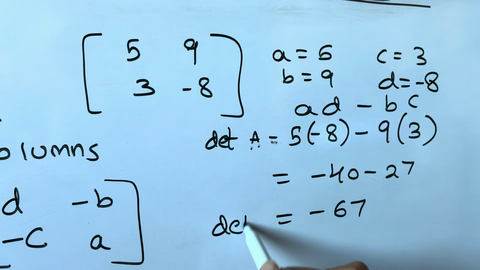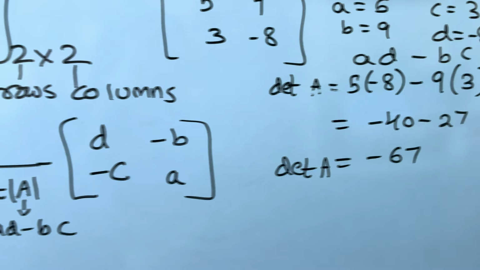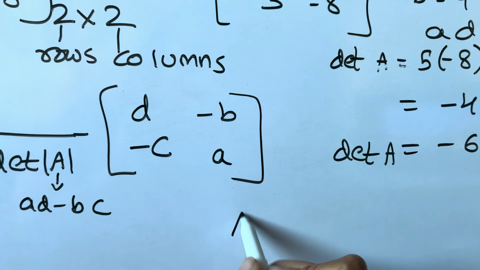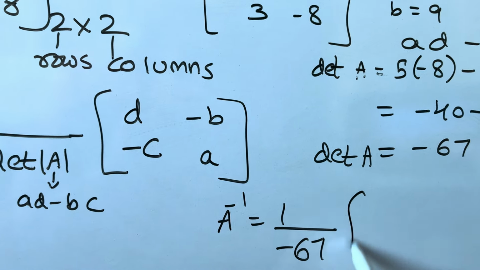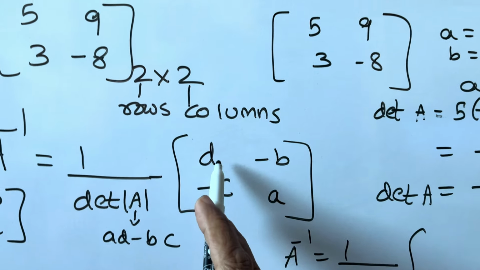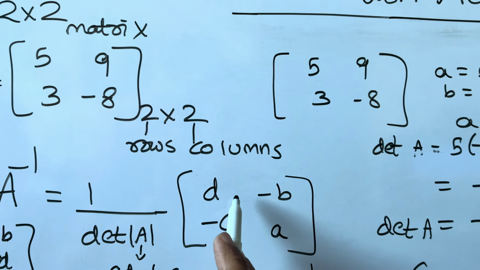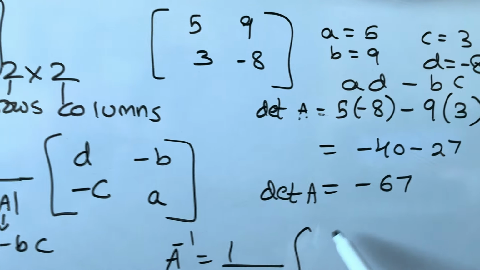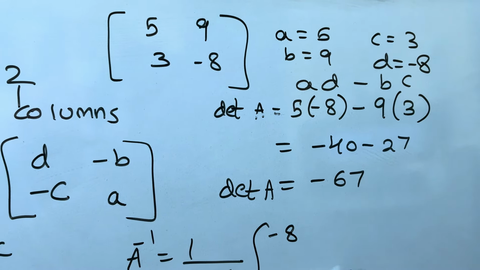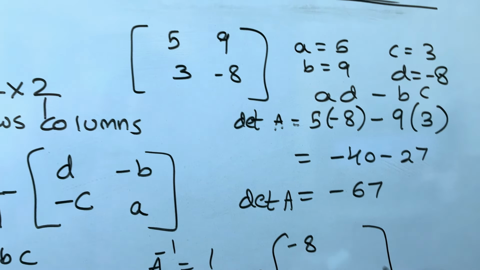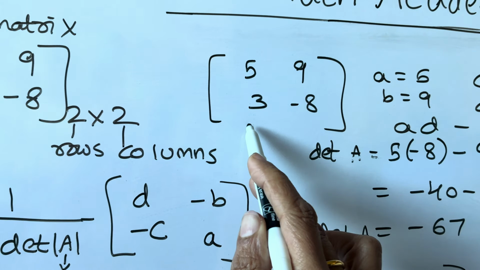This is the determinant, and so A inverse is nothing but 1 by determinant, which is minus 67, multiplied with the product of this one, interchanging the D and A. So I am interchanging my minus 8 and 5, and I need to apply the negative sign for B and C here.